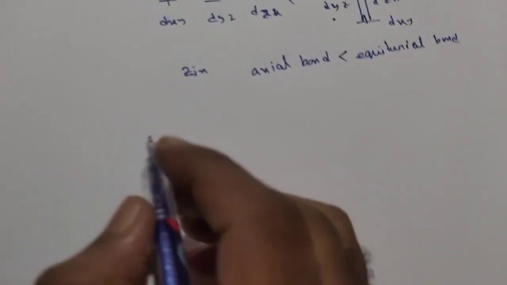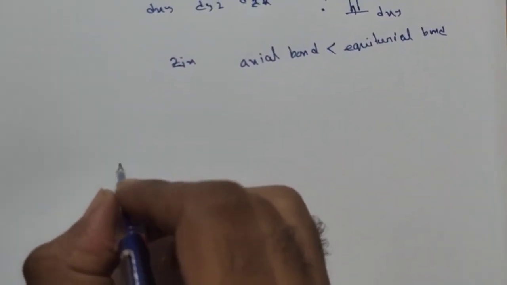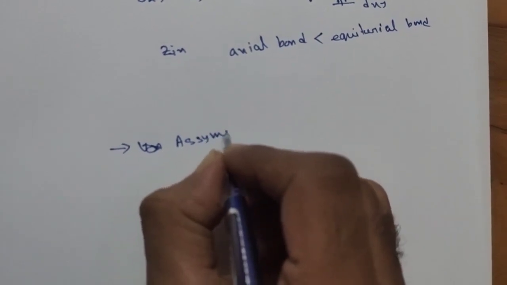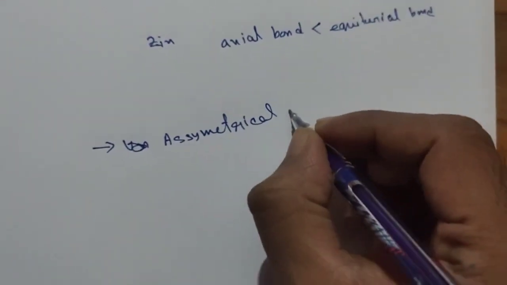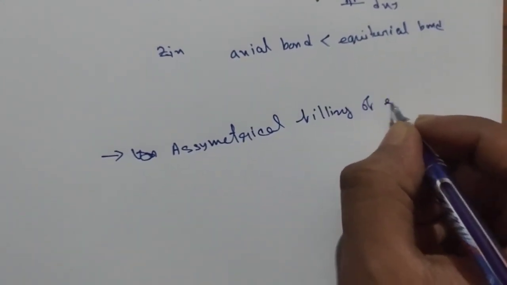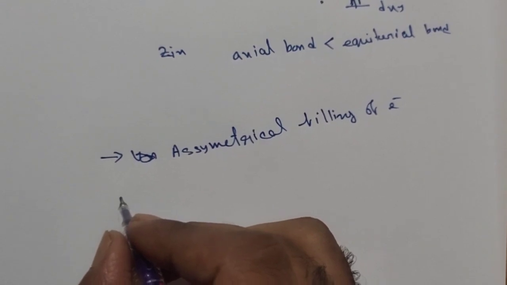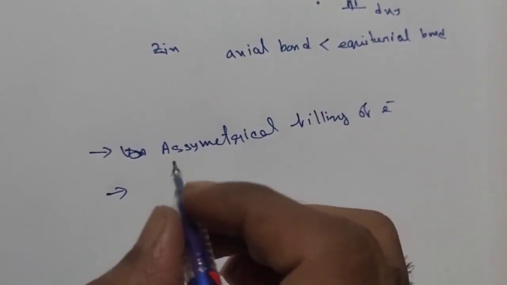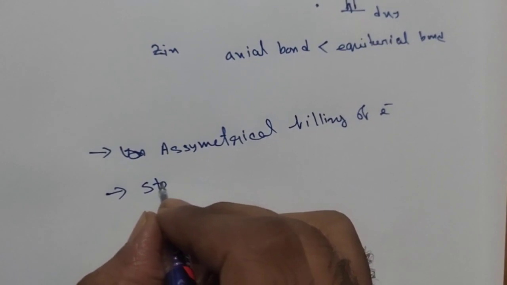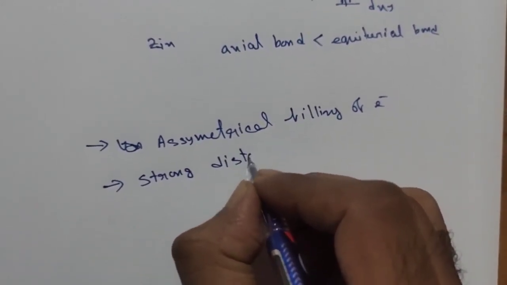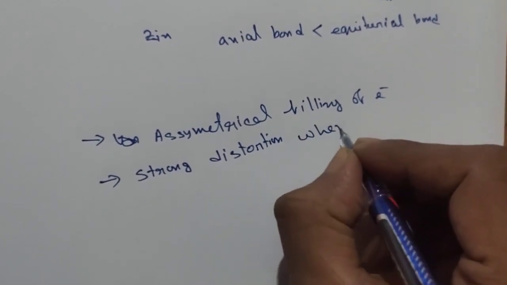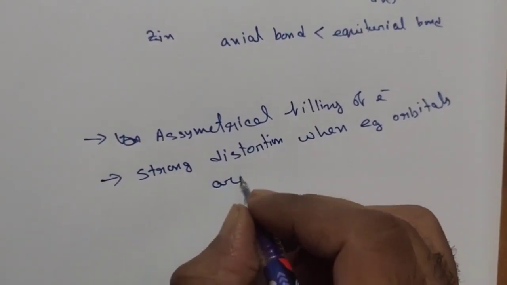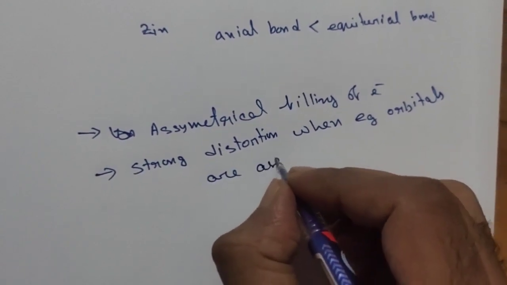So in summary, we need to remember a couple of things: if there is uneven or asymmetrical filling of electrons, and also that we will find strong distortion when the Eg orbitals are asymmetrically filled.